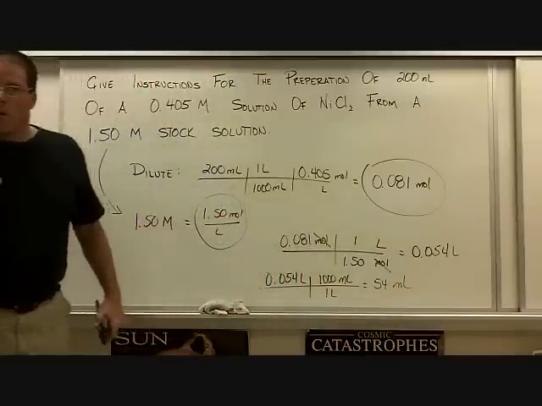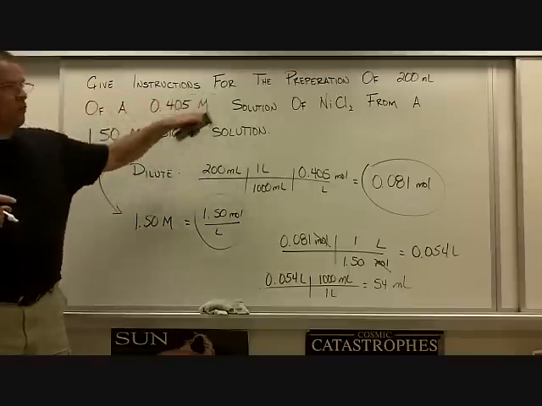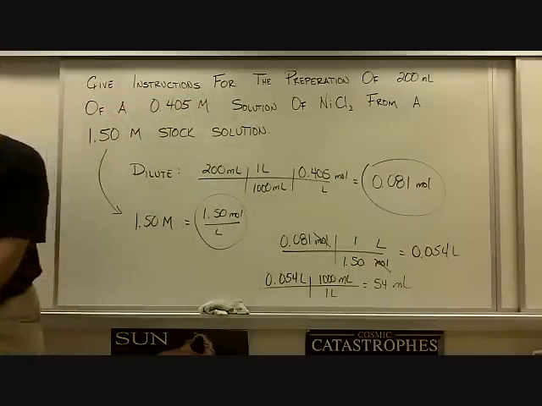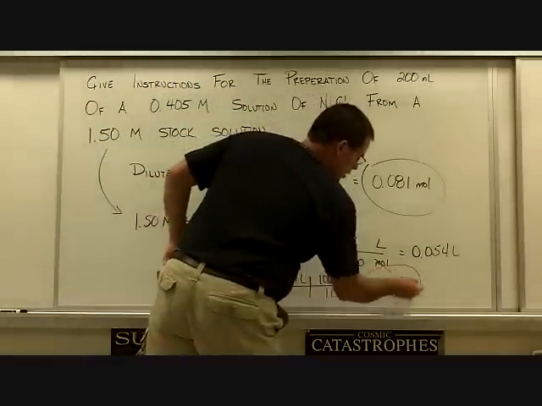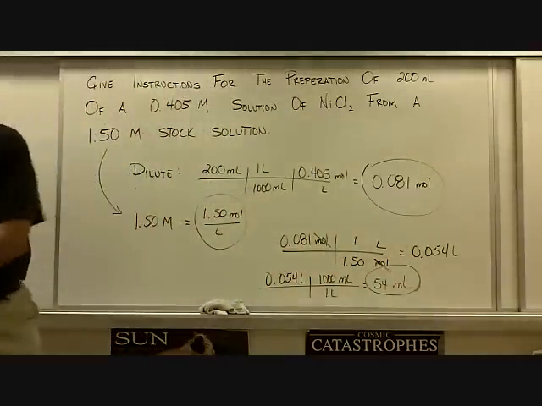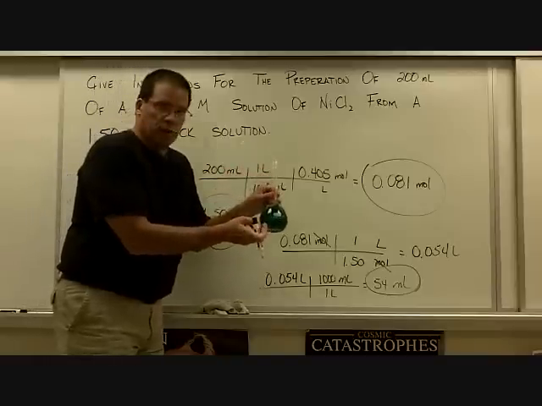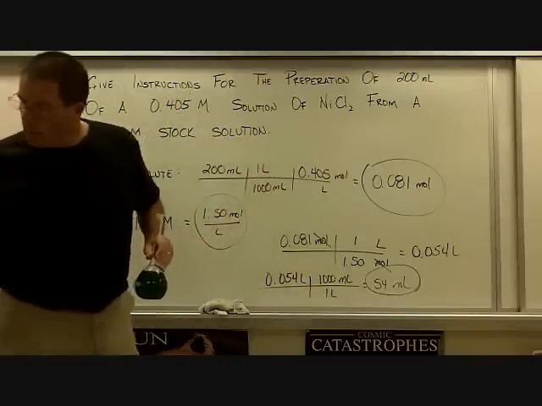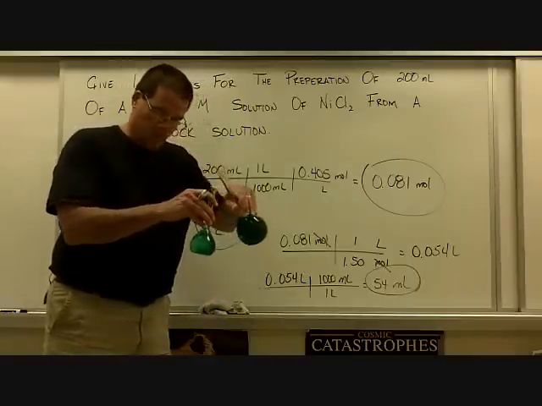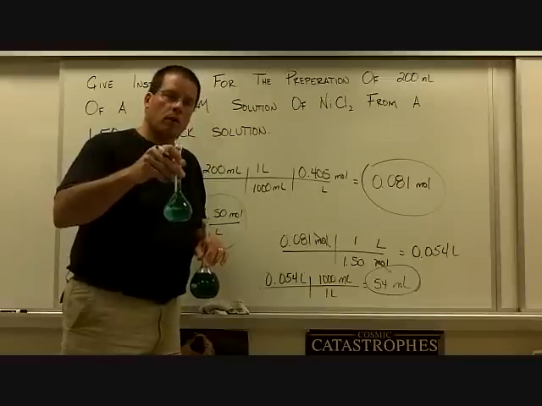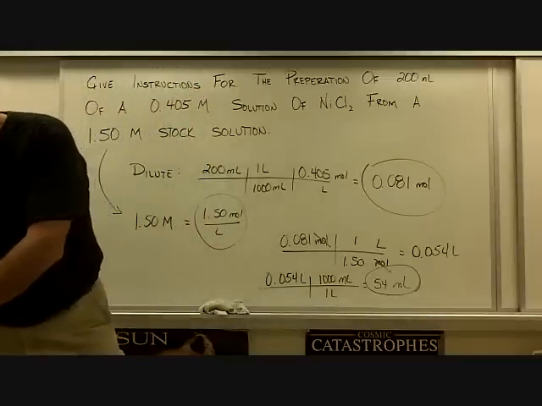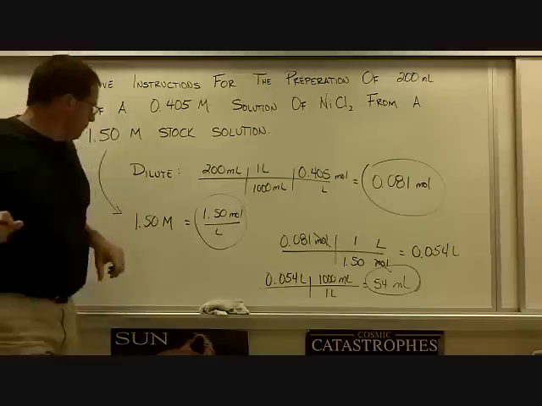Now, we're not done yet because the question still asks us to give instructions for that. We know that we need 54 milliliters of our stock. We're going to pour it in this volumetric flask, and then we're going to add just enough water so we get a total volume of 200 mils. I just gave you the instructions. Isn't that cool? So let's write that down.